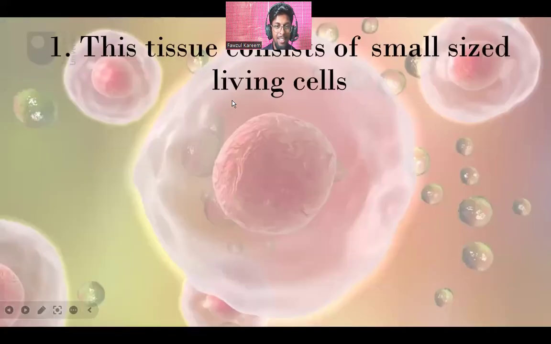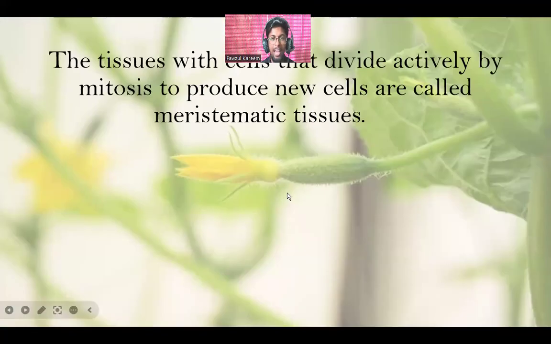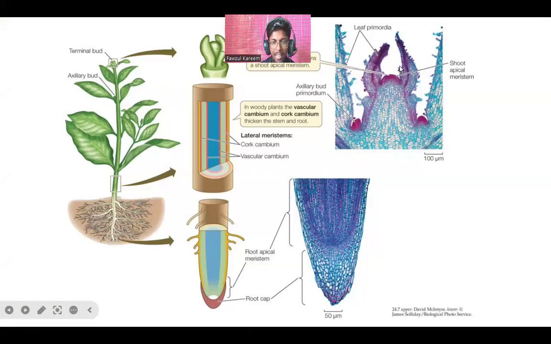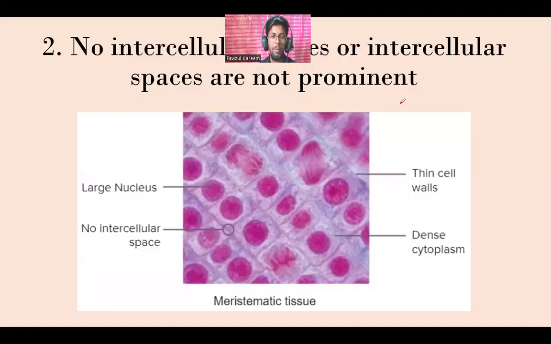No one said this, right? They are very small in size. Here you can see the size, they are very small, but here they are very large. So these are the 6 features of meristematic tissues.